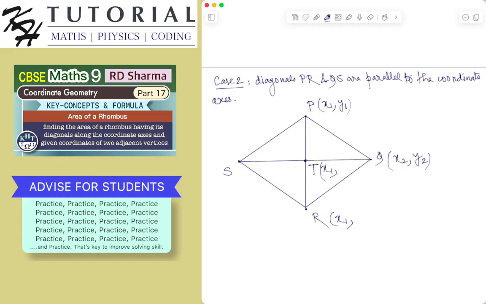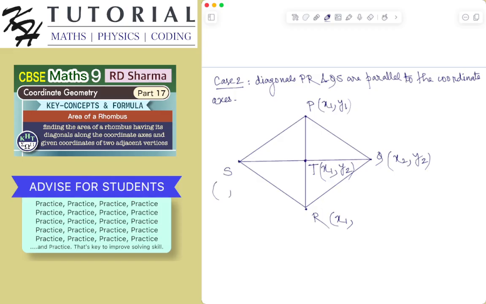So the ordinates of T, Q and S will be the same. So the ordinate of the point T will be y2.